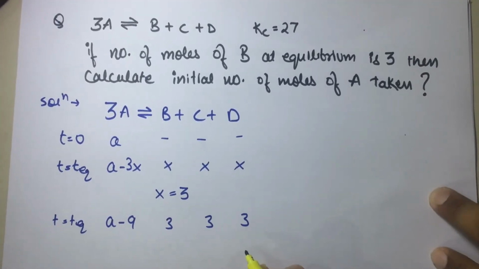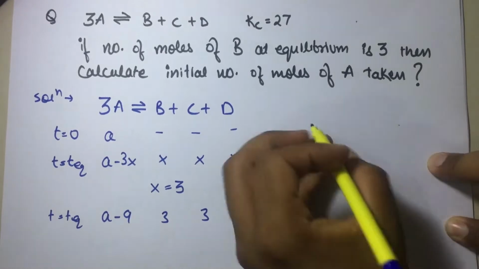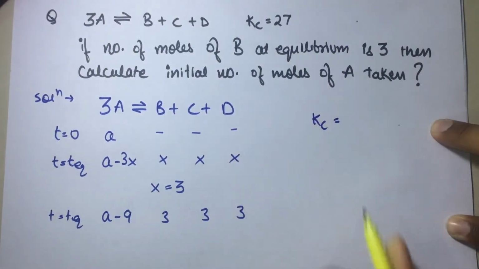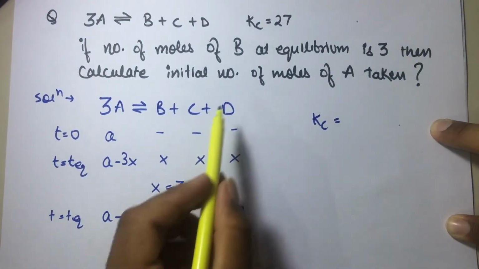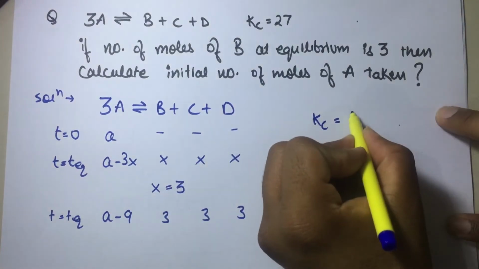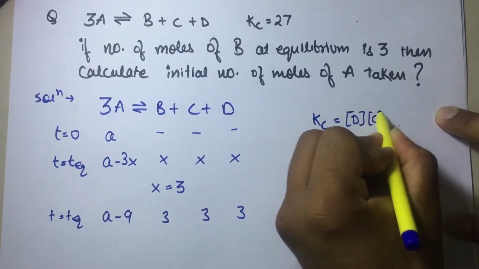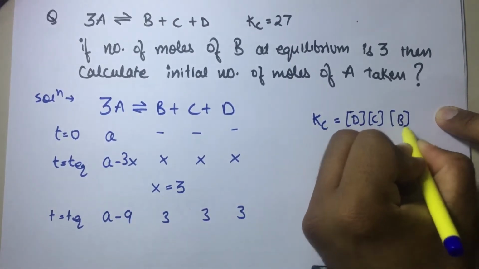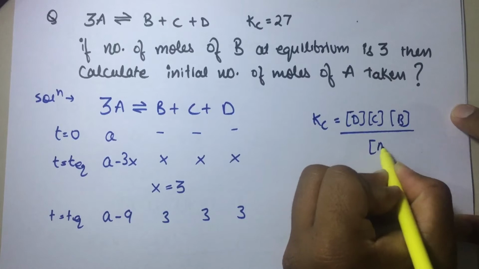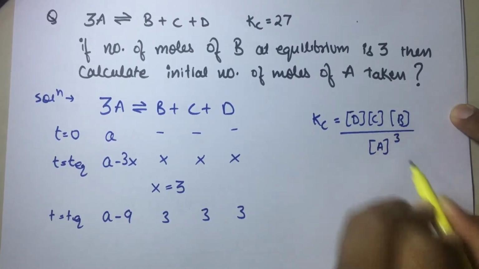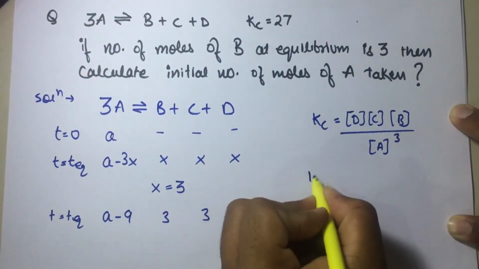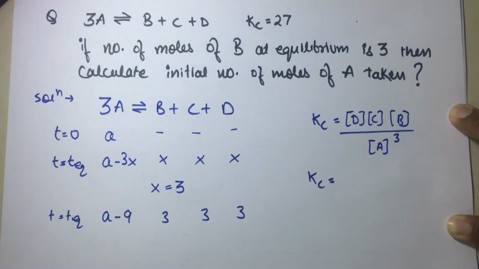Now write Kc for this reaction. So Kc will be D into C into B divided by A to the power 3. Now how do we write the expression of Kp?